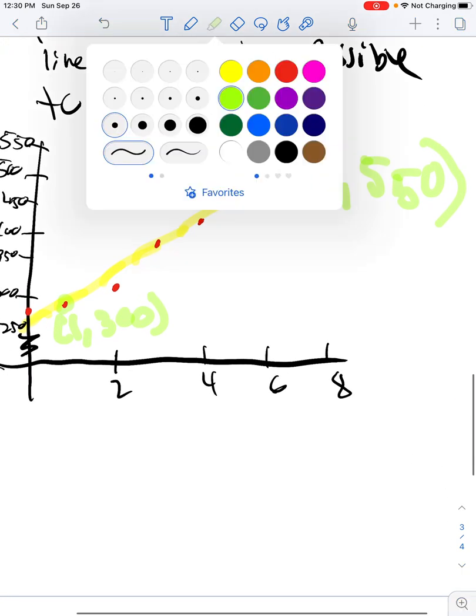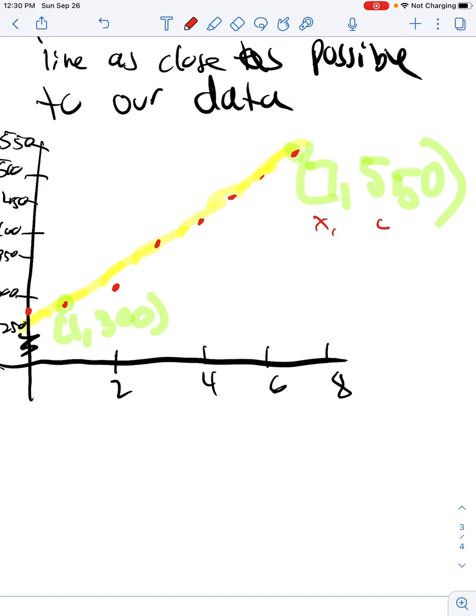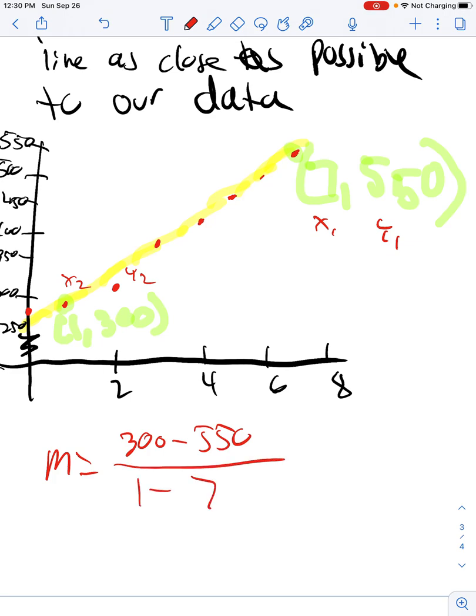And again, we've practiced calculating slope, x1, y1, x2, y2. So for slope, I'm going to take my y's and subtract them, and take my x's and subtract them. I'm going to get 300 minus 550, which is negative 250, and 1 minus 7, which is negative 6.